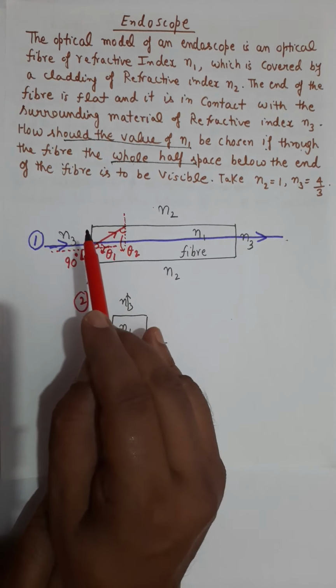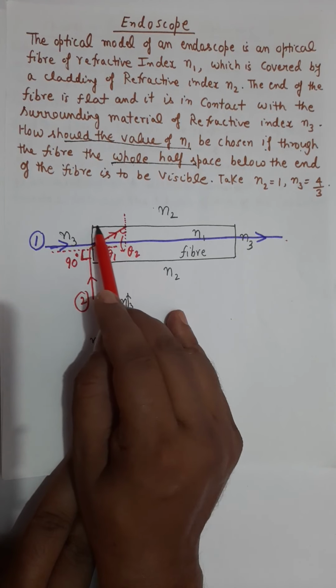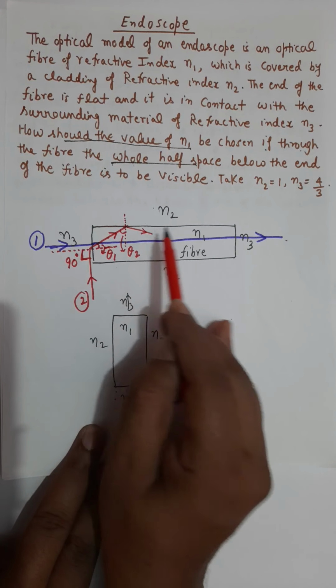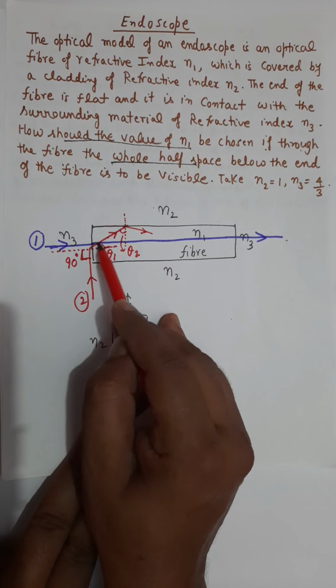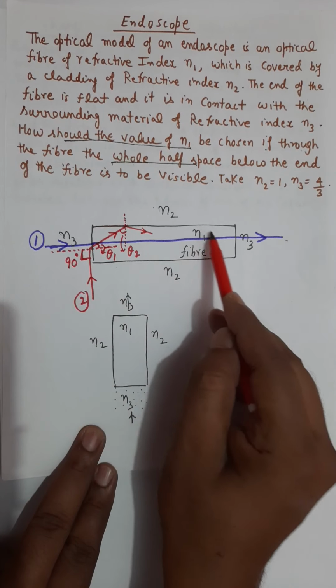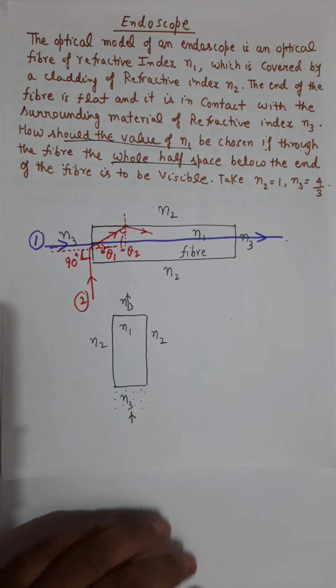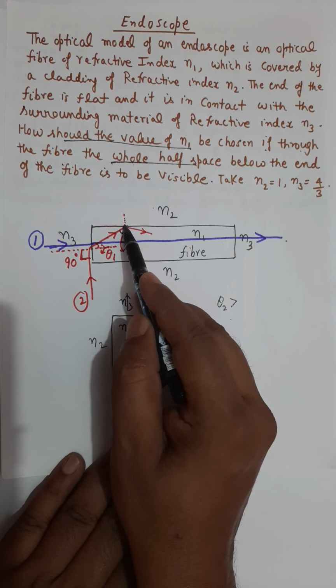So as per the condition, the ray striking this surface must be reflected back, then only will it pass through this optical fiber and reach the other side. Which means this angle theta 2 should be more than the value of the critical angle at this point.